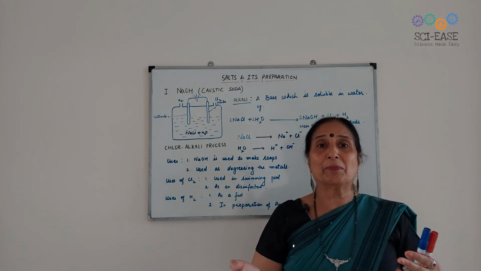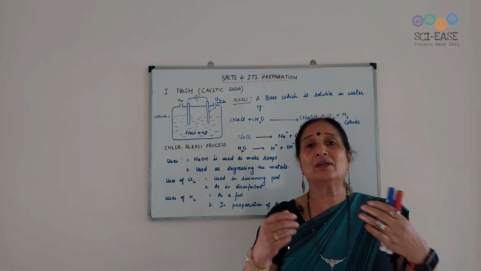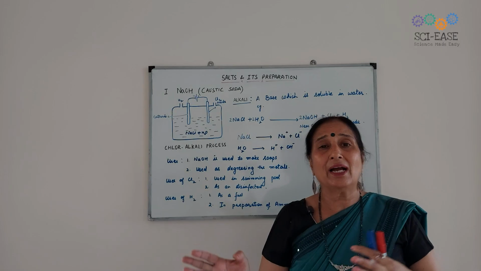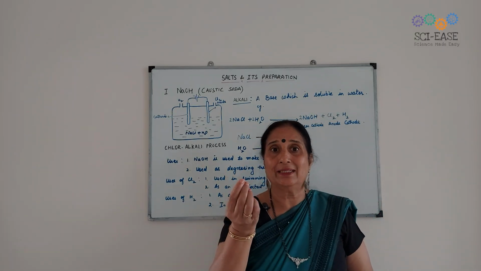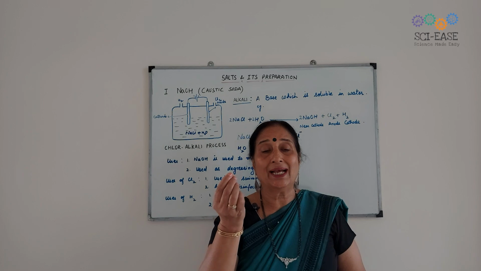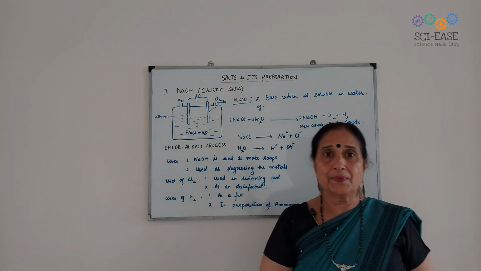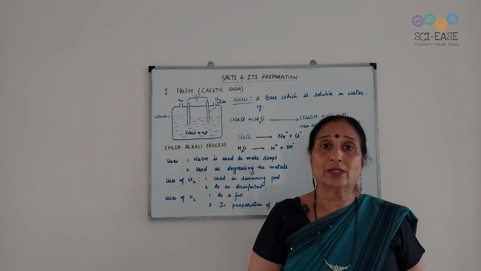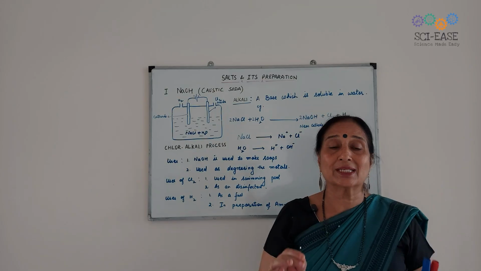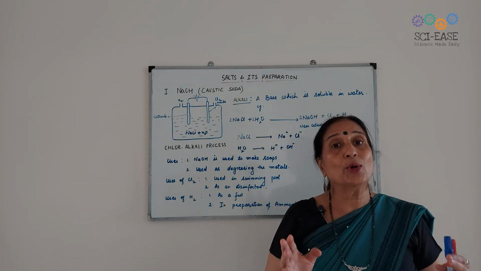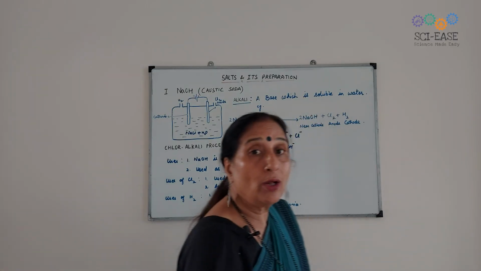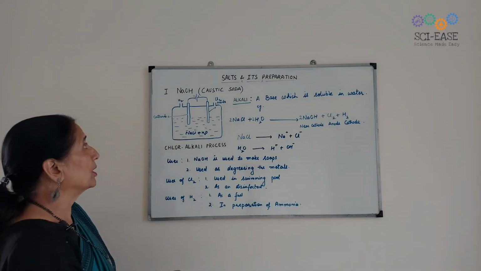It is used in the preparation of washing soda, baking soda, and so on. So that is a very important salt, the sodium chloride. Now the first salt which I am going to discuss here is sodium hydroxide, also known as caustic soda.